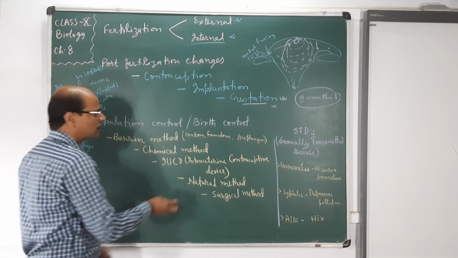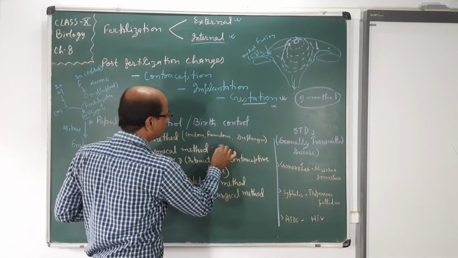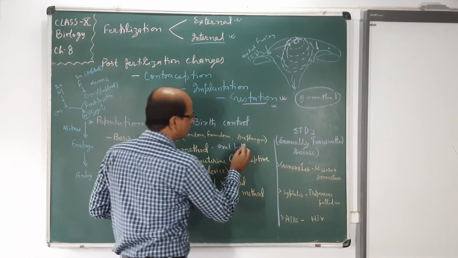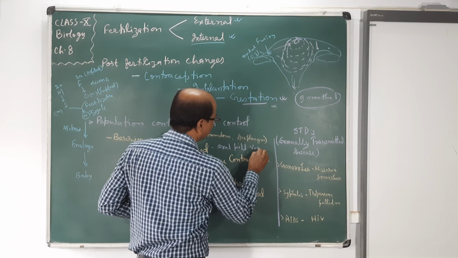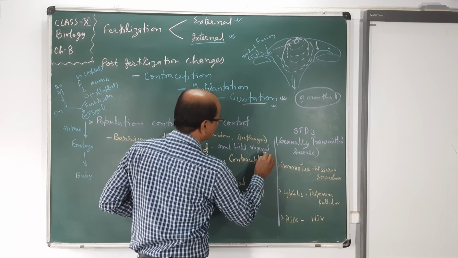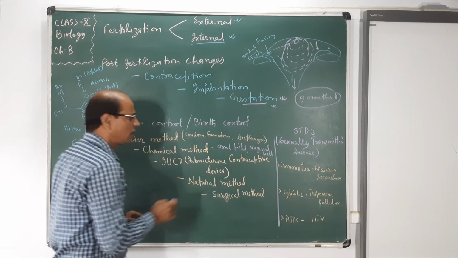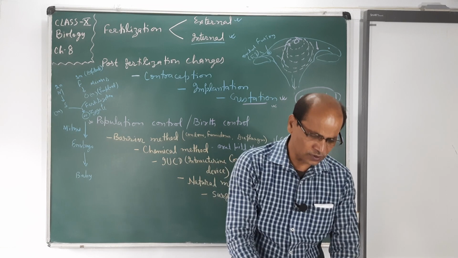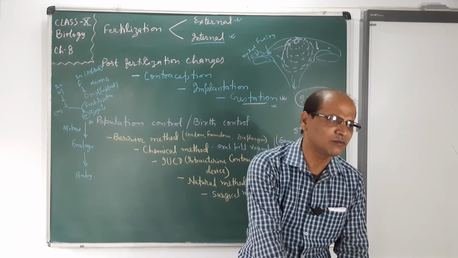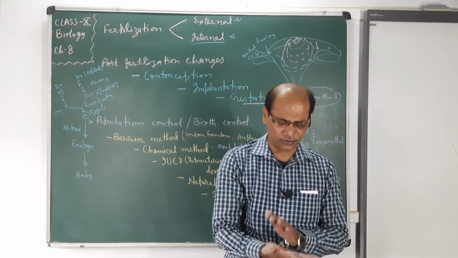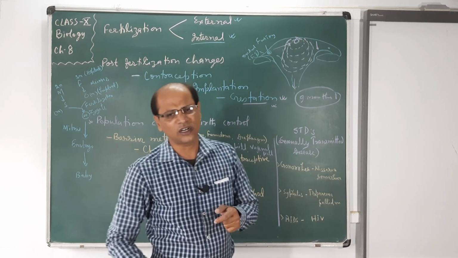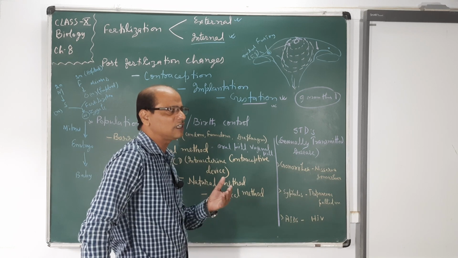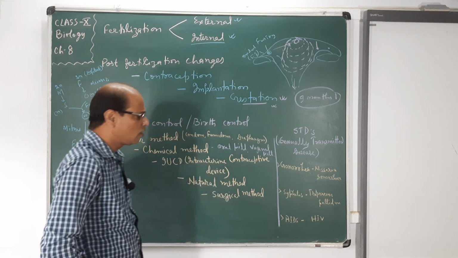Chemical methods are harmful, because they are the oral pill or the vaginal pill. The vaginal pill is useful for this purpose, but chemicals are not very safe for our health. If you put chemicals in your body, they may harm some of your body parts, or may harm your body physiology.